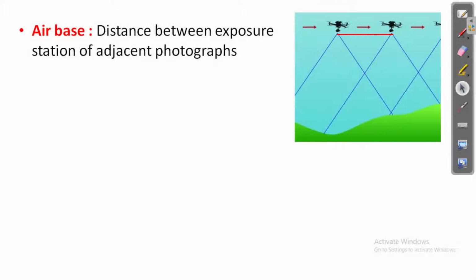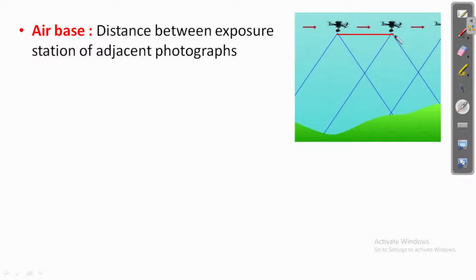Next important term in aerial photography is the airbase. Airbase is the distance between exposure stations of adjacent photographs. These are the exposure station of photograph number 1 and these are the exposure station of photograph number 2. So this distance between these two exposure stations is called the airbase.